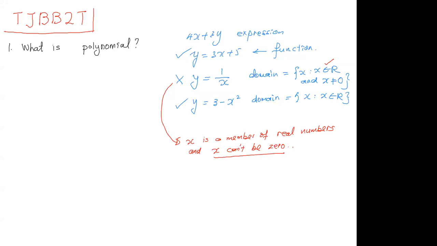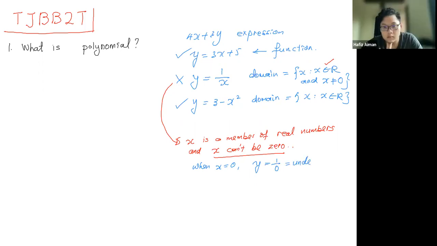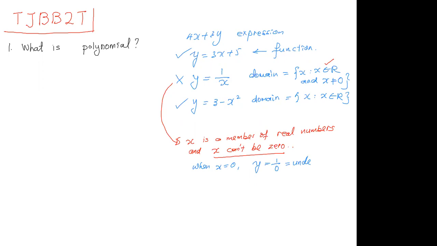Yes. If you put into the calculator, when x equal to 0, y is equal to 1 over 0, this is undefined. We don't call it infinity, we say undefined.